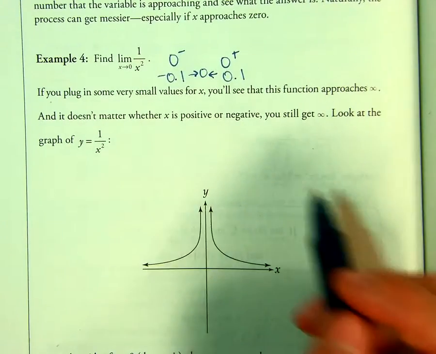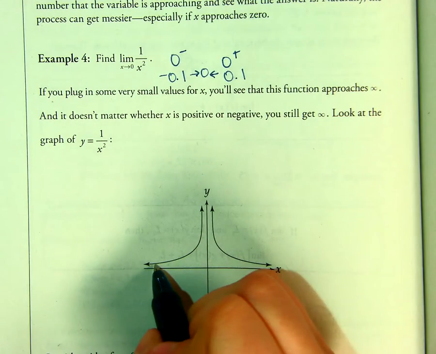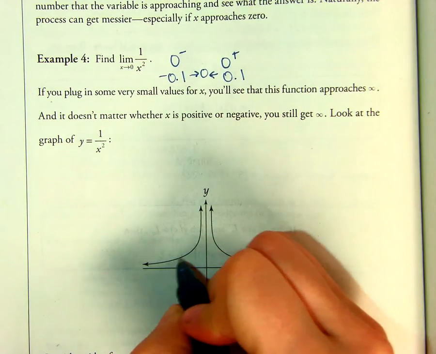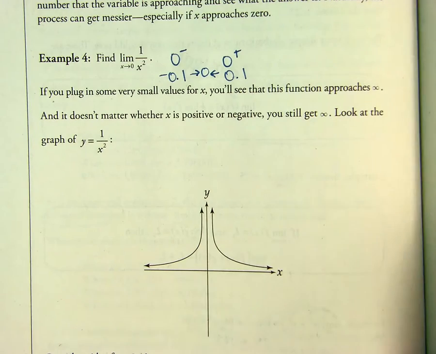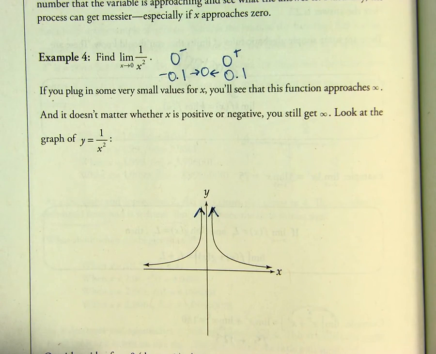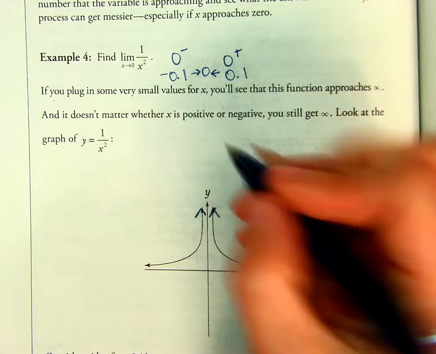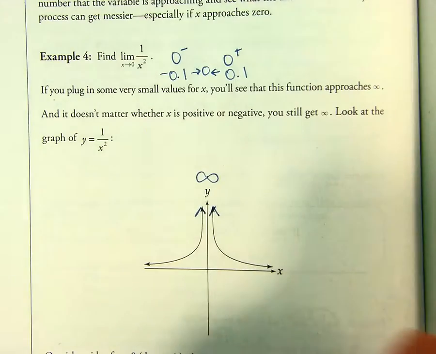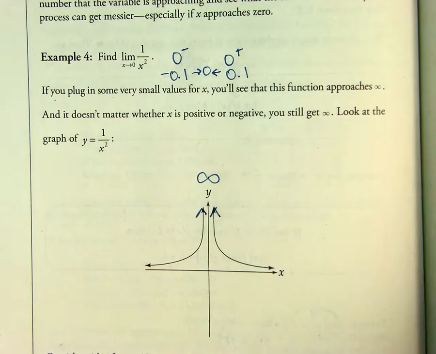As we do that, you'll see that the closer to 0 you get, the higher the y value is. So this is actually going to approach infinity for the y value. Now, since the left and the right both approach infinity, the limit is equal to infinity.